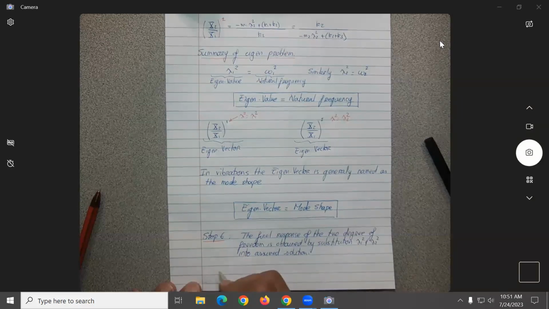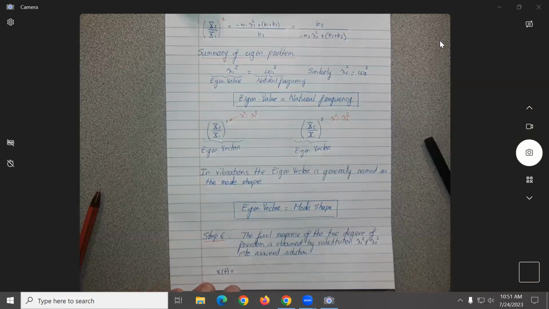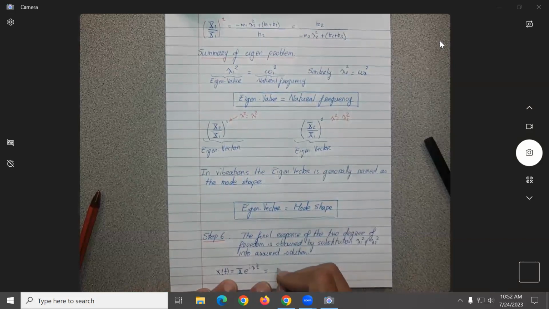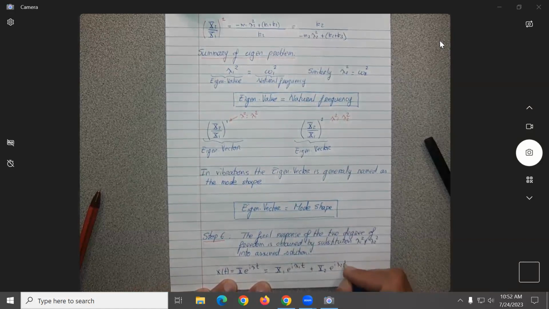Okay, so we say that x of t, I'm going to oversimplify it probably. So we had this was equal to this now. So in our case, let's say we'll have X1 e^(i lambda 1 t) plus X2 e^(i lambda 2 t).